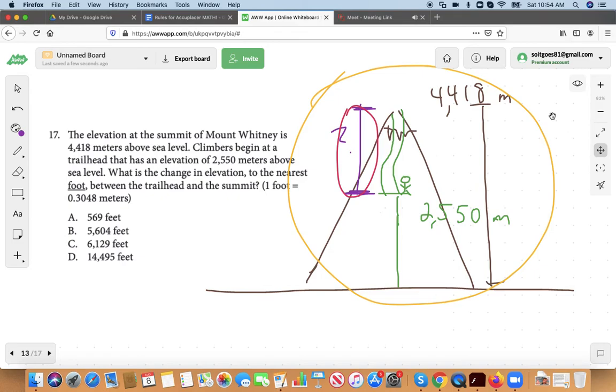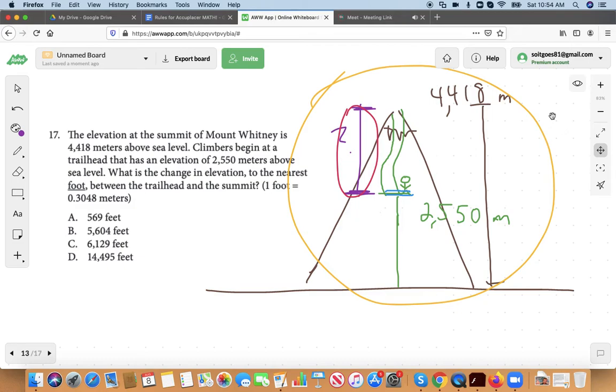Like, just under 2,000 meters to go. Because if you had 2,000 meters to go to the top, then the summit would be like 4,550. Does that make sense? It's going to be a pretty big number. It's not going to be 1.7 meters. Like 1.7 meters would get him from like here to like here, if that.